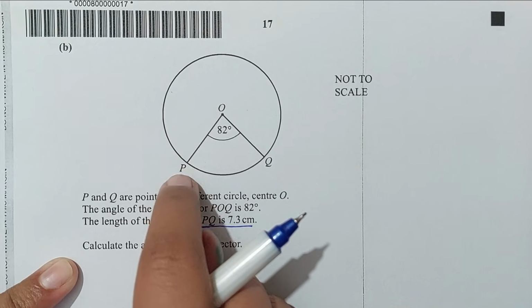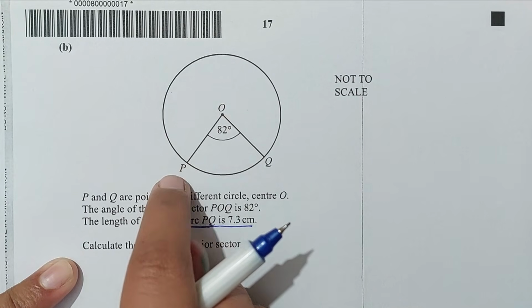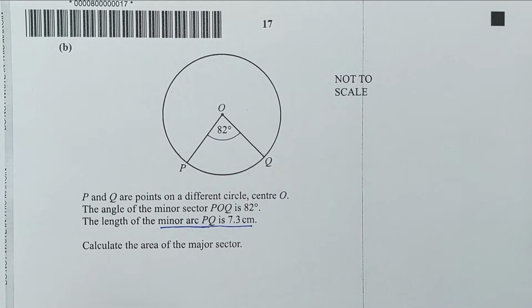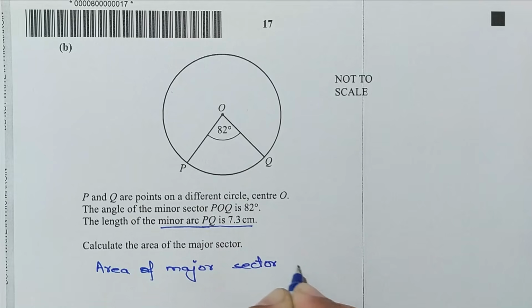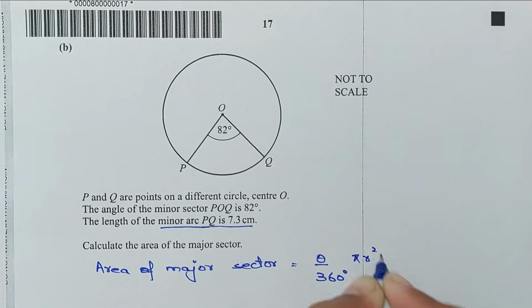This is the major sector P, O and Q. This is in degrees, so we can say the area of a sector of a circle is theta over 360 degrees times pi r squared.